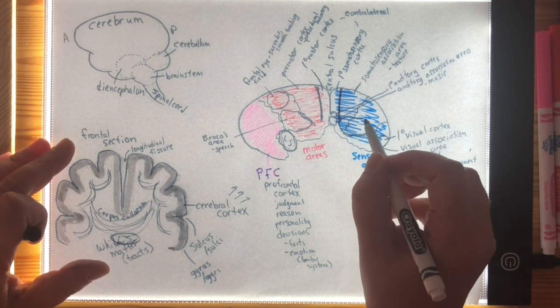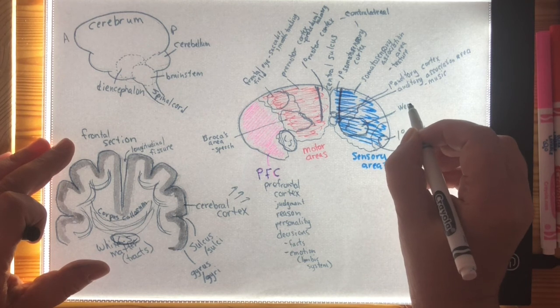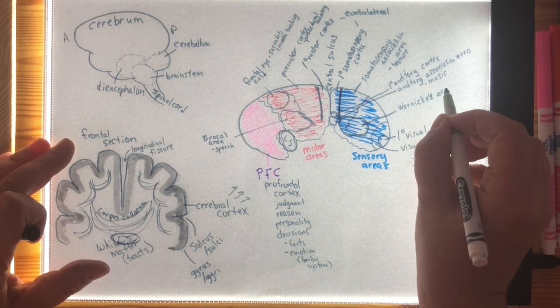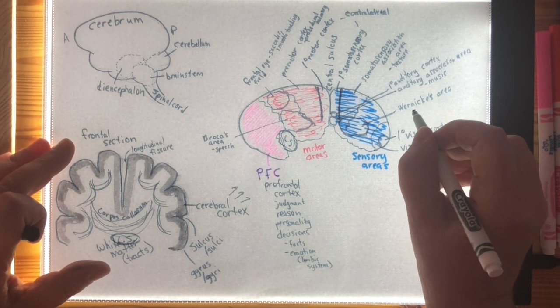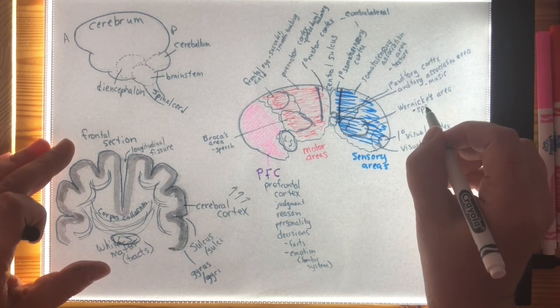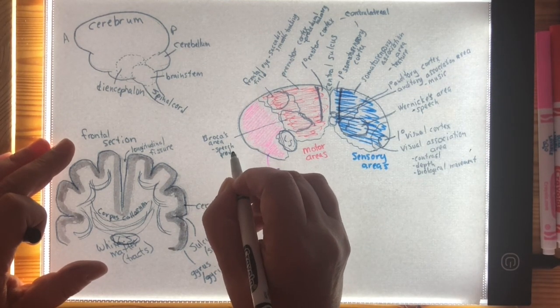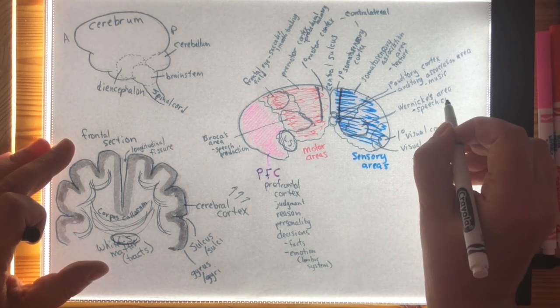That brings us to our next area of speech, which is Wernicke's area. Wernicke's area is also involved in speech. Broca's area in the motor cortex is involved in speech. Wernicke's area in the sensory cortex is also involved in speech. This is a good example of sending information about movement or receiving information about the outside world.